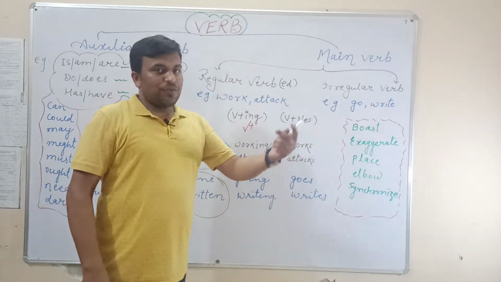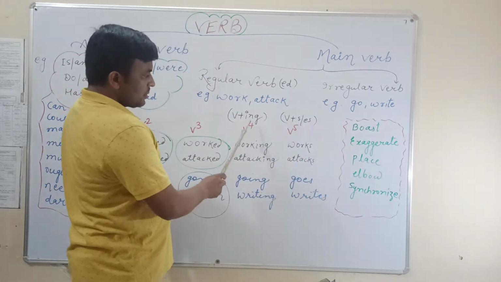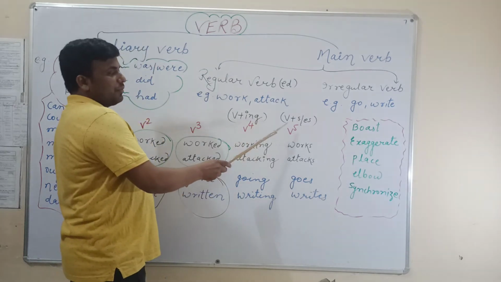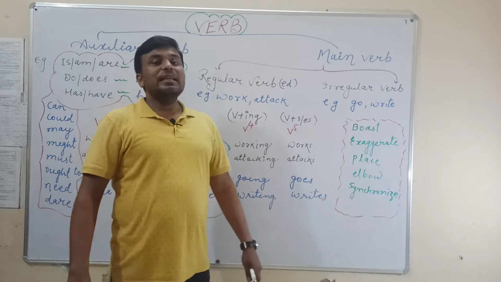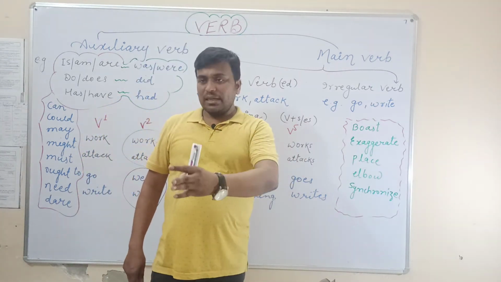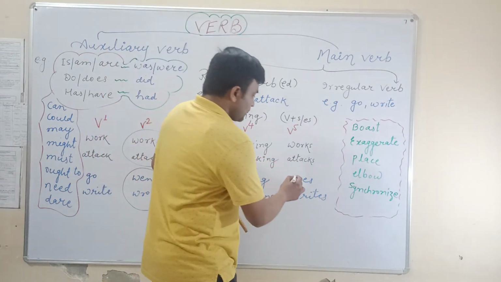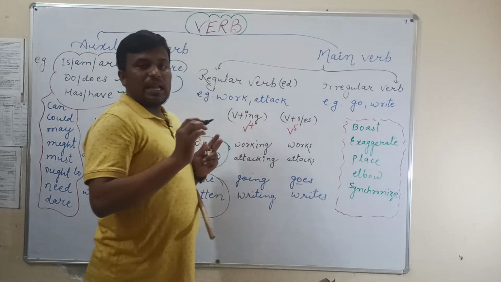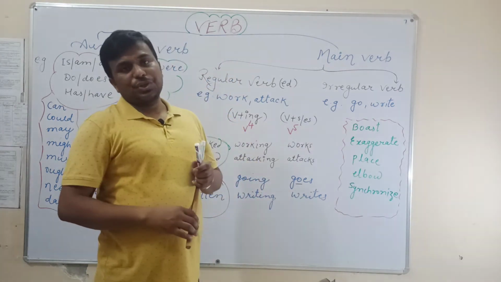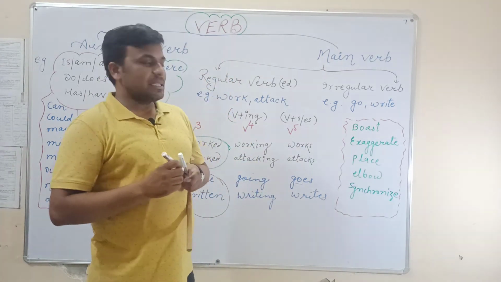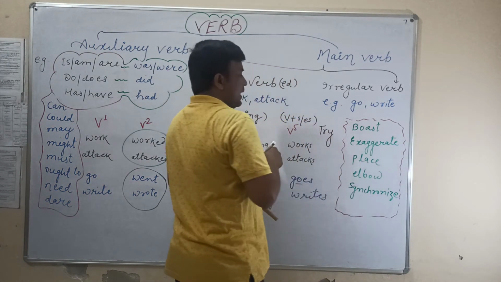And for V4 and V5, you don't need to panic. With V4 you simply add ing form, and with V5 you add s or es. Now the question arises where to add es. So that is the concept in the noun, but again I tell you, wherever you find o, s, double s or ch, you will add es. And the second, suppose you find the word like try.